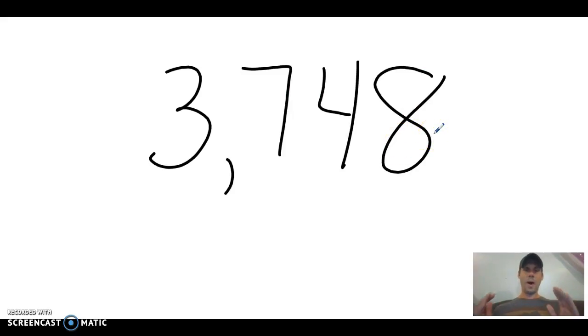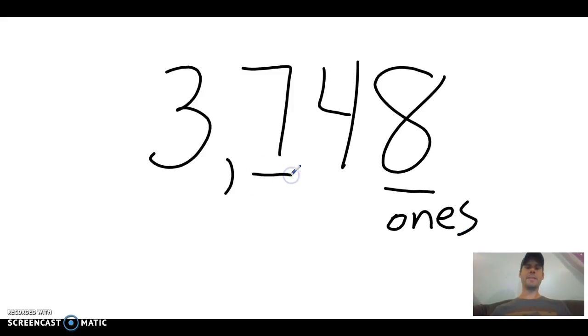Now, what place is the 8 in? Good. If you said that this is in the ones place, you are correct. The value of that digit 8 is 8, since it's in the ones place. Now, what is the value of the digit 7? If you said that the value is 700, you are correct.